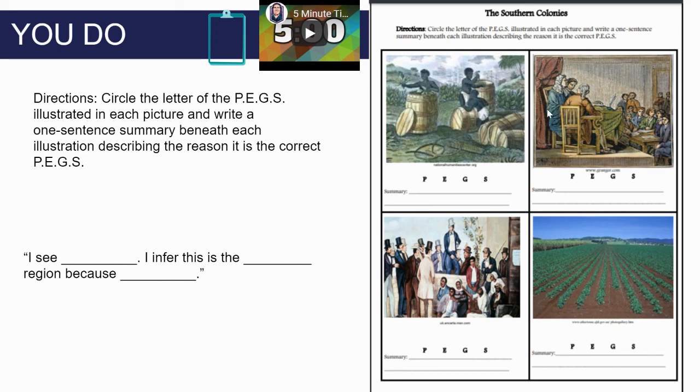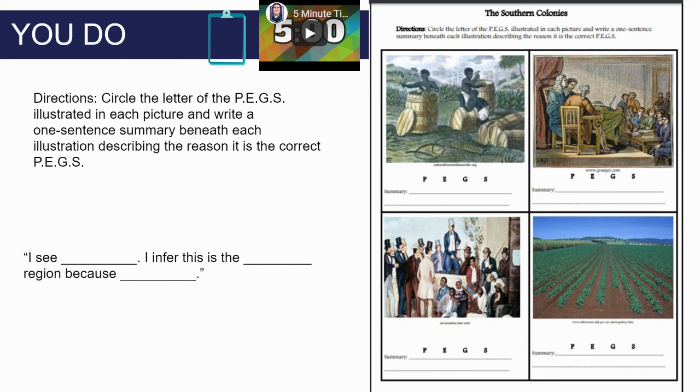So now I want you to take time and look at the second, third, and fourth pictures and differentiate between them and identify what pegs it is. Be very careful when doing so because remember, political, economical, and geographical look very similar because they feed off of one another, but so do social and political.